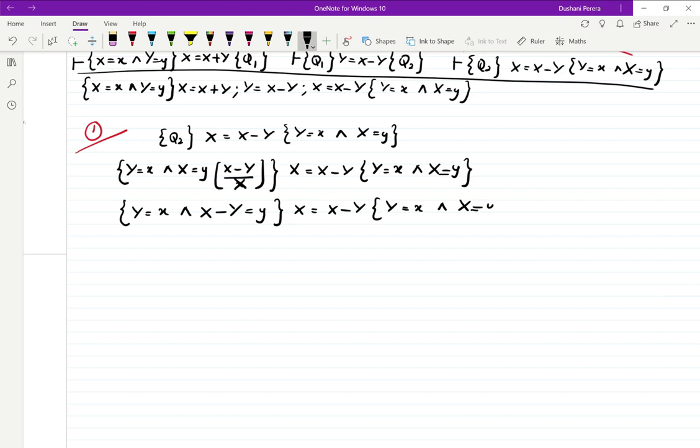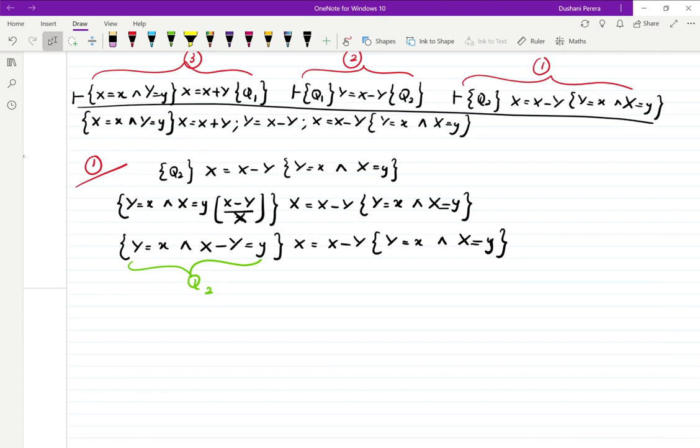X equals 1. Okay. So now as you can see, I have found out what Q2 is. This is what Q2 is.